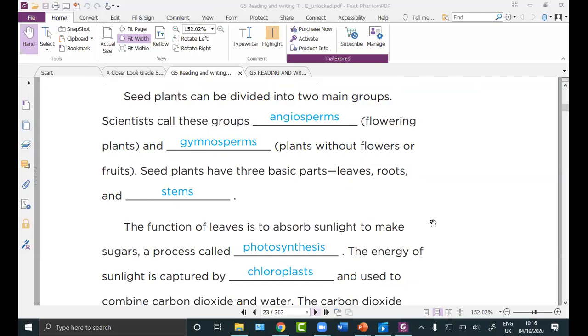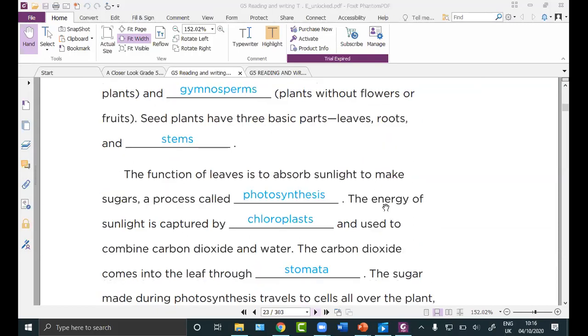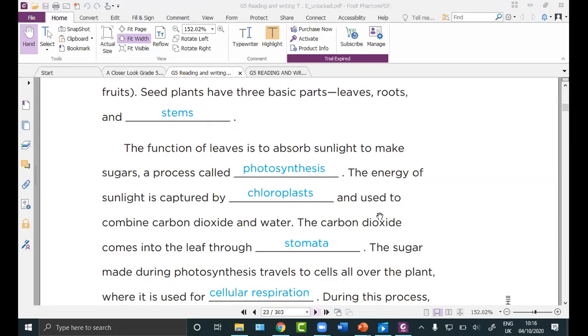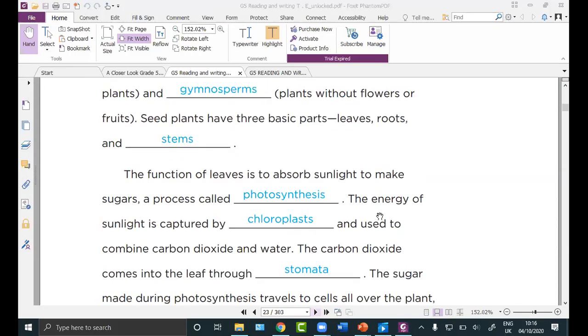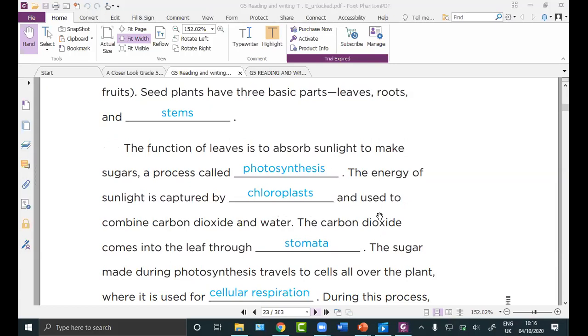Ziad Majid. Sunlight is captured by chloroplast. The sugar made during photosynthesis travels to cells all over the plant where it is used for cellular respiration.